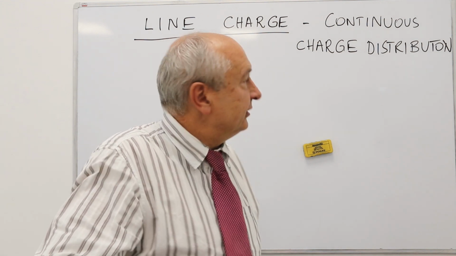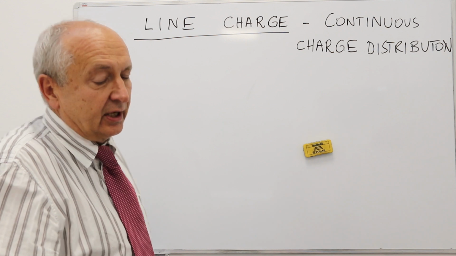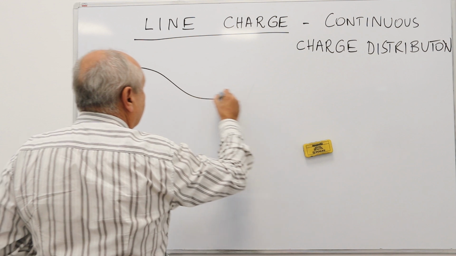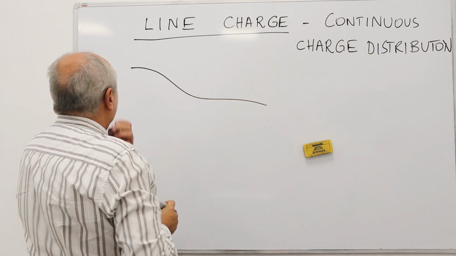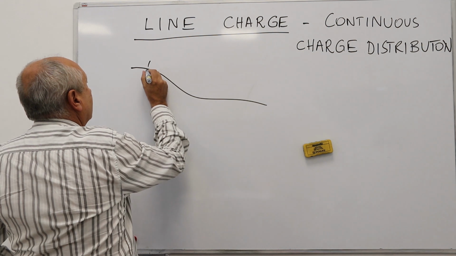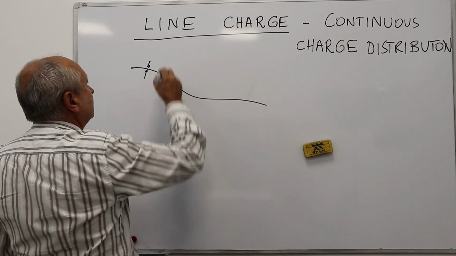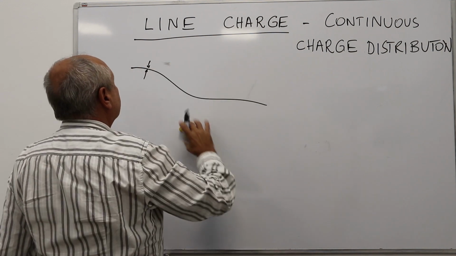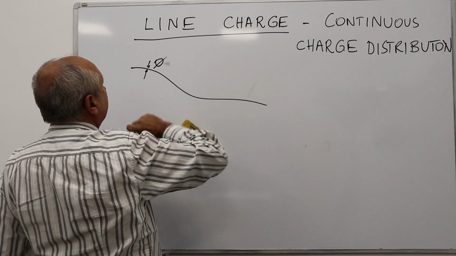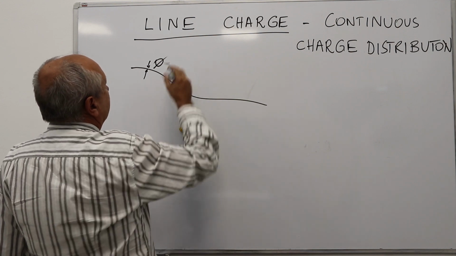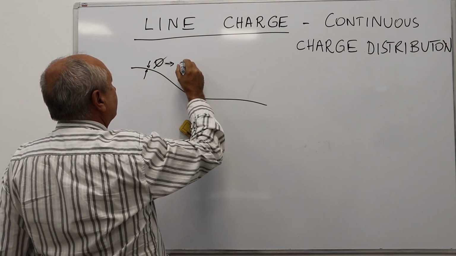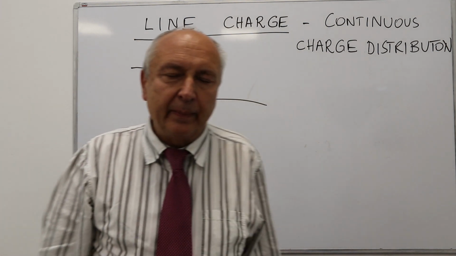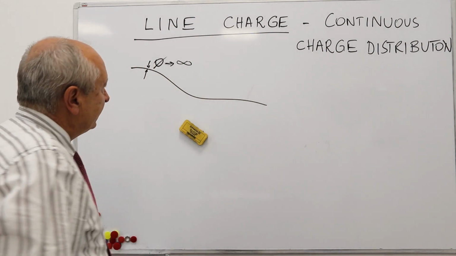We start with line charge. Let's have a very thin wire, a very thin line, and the diameter of the line can be neglected, so we do not take into account the diameter of this wire.